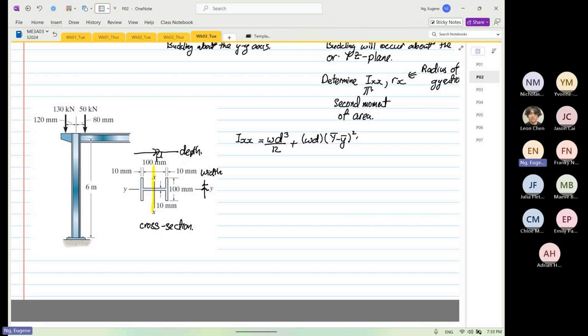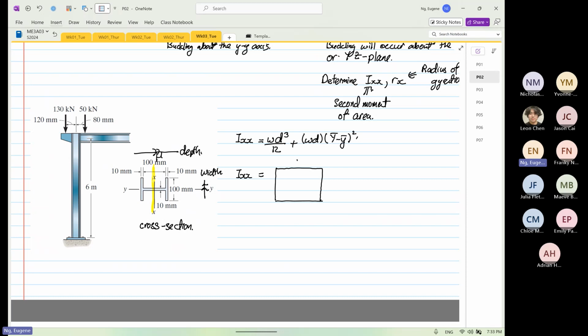So what I'm going to do is take this. So I'm going to do I-axis. Okay. My strategy is this. I'm going to take the second moment of area of the big box.